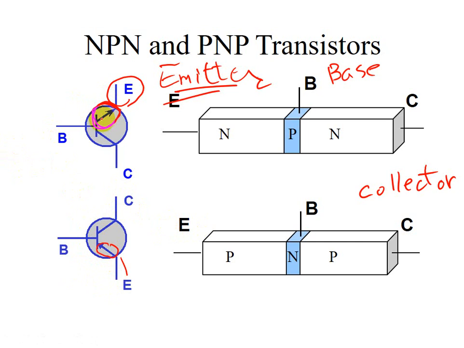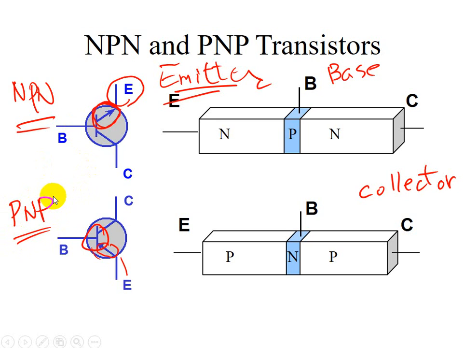Here the arrow points outward, so this is N, P, N type. And over here the arrow points to the center, so this is P, N, P type. It's one of the simple ways to distinguish PNP or NPN for the symbol, or maybe on an electronic circuit.